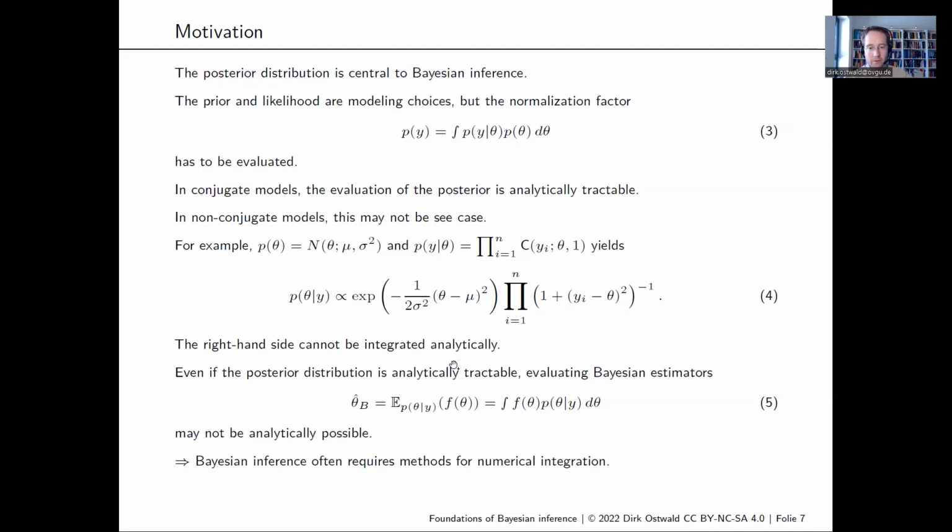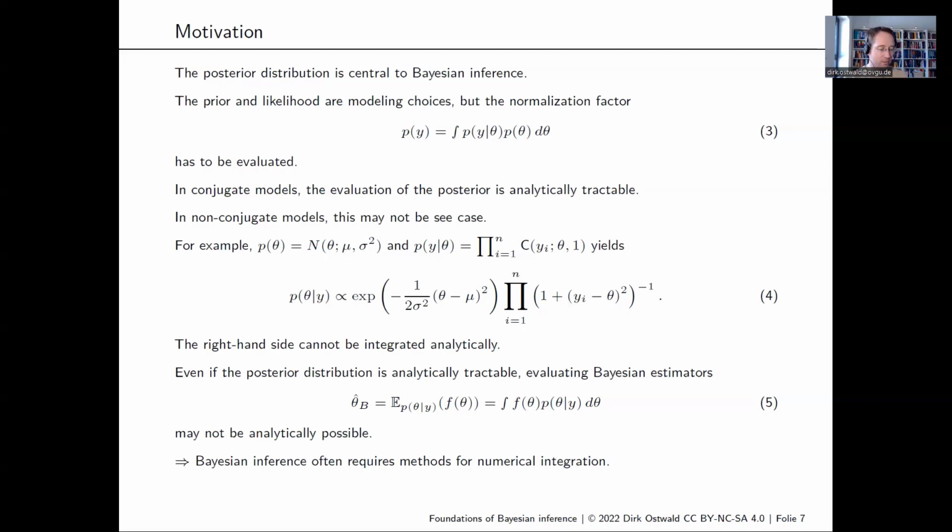Another reason where you might use numerical integration is that you may in fact be able to derive the posterior distribution, but then you want to evaluate some function of it. In the easiest scenario, of course, the expected value.